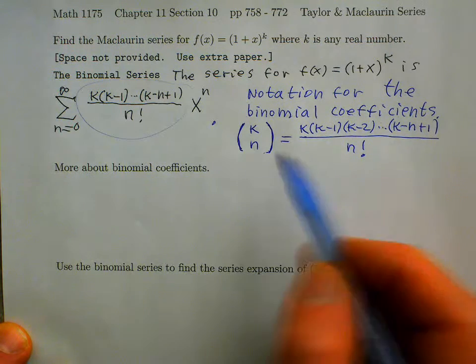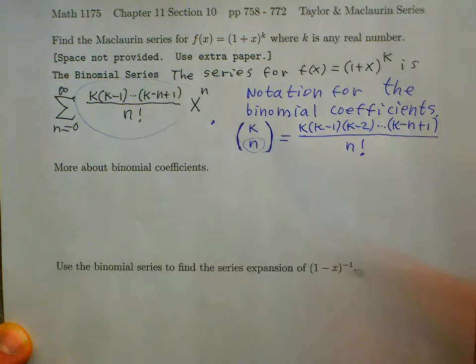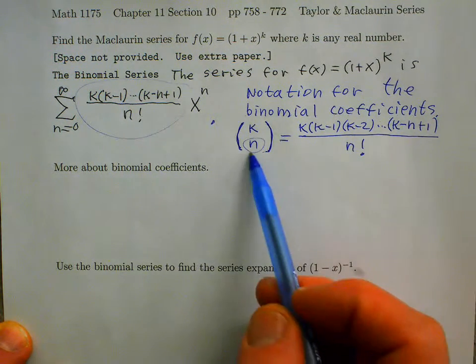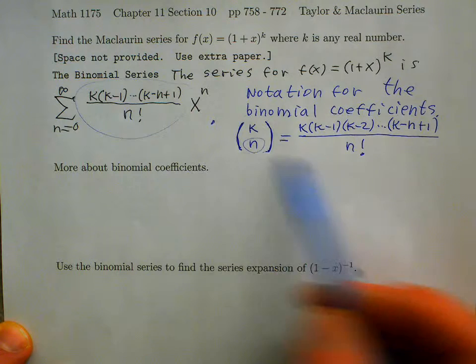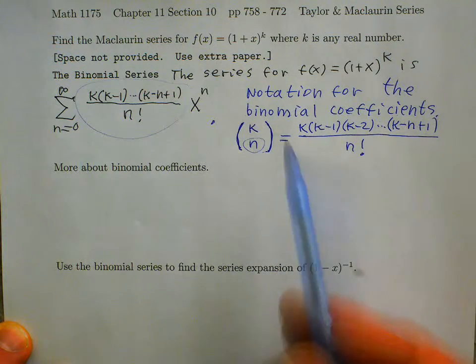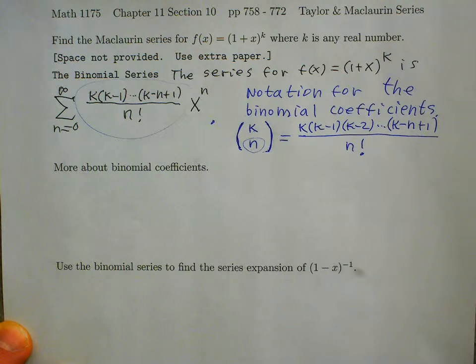So when we encounter this, n is always going to be an integer starting at 0 and then increasing by 1 at a time. But the number k can be any real number.